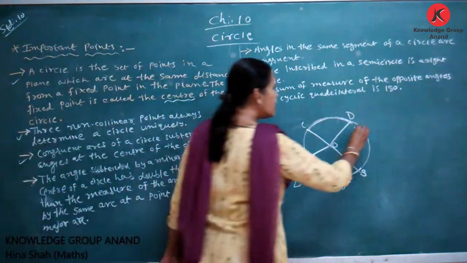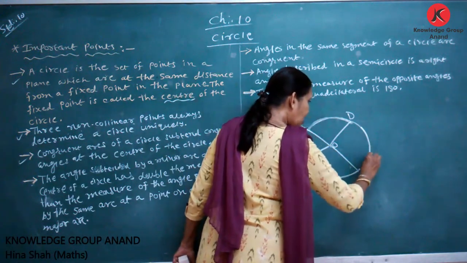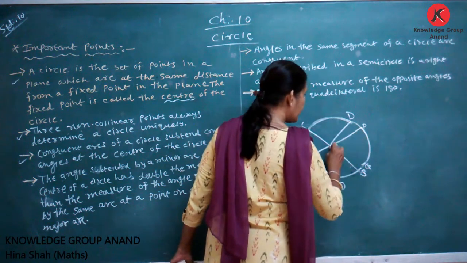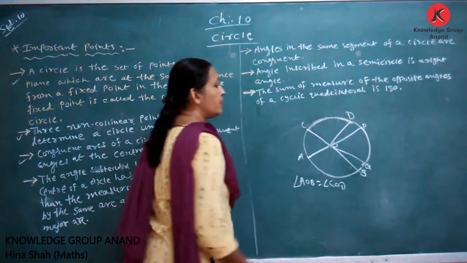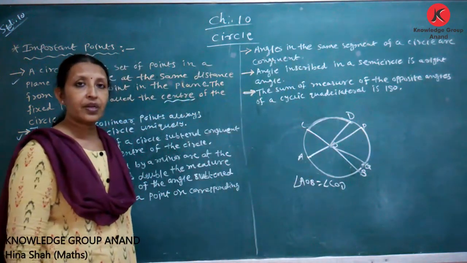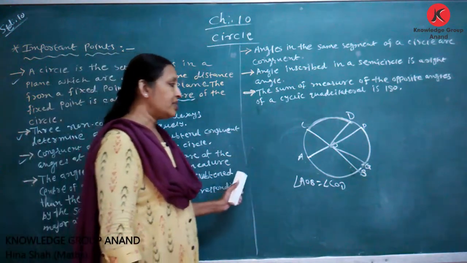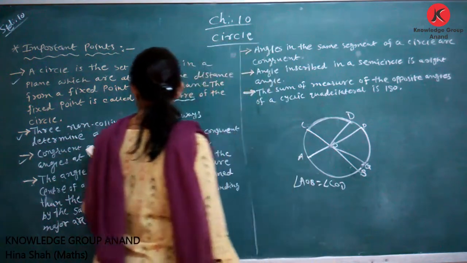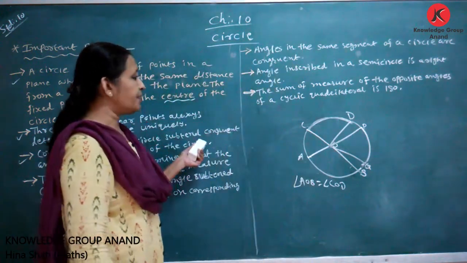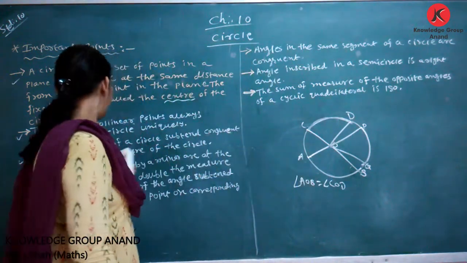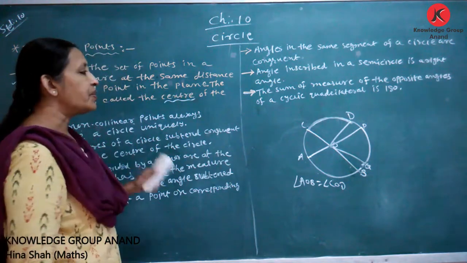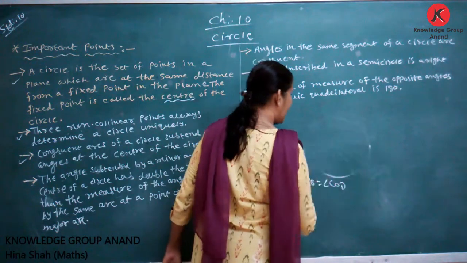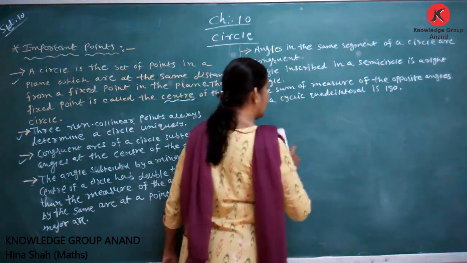Suppose here PQ is another congruent arc, therefore angle POQ is also equal. Again, in this topic, congruent arcs of a circle subtend congruent angles at the center of the circle.